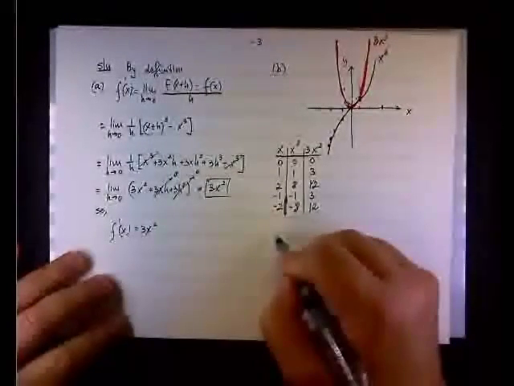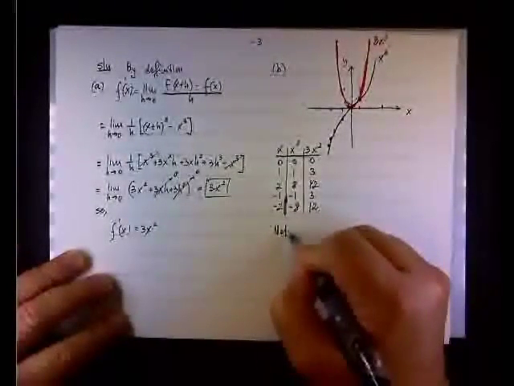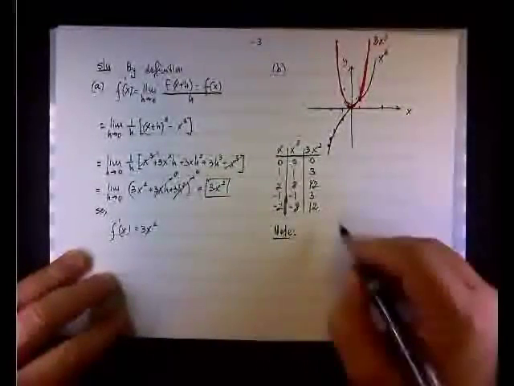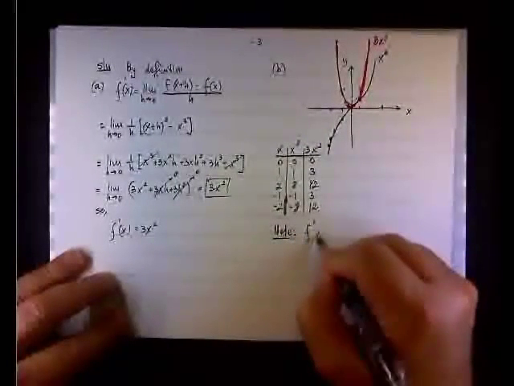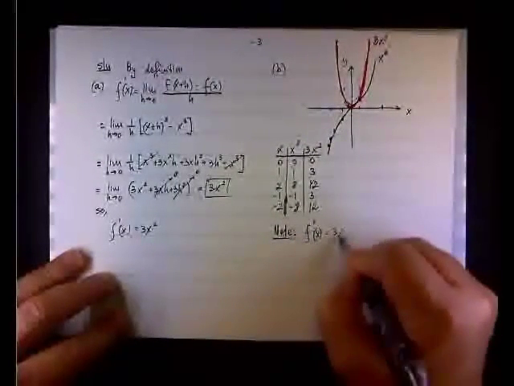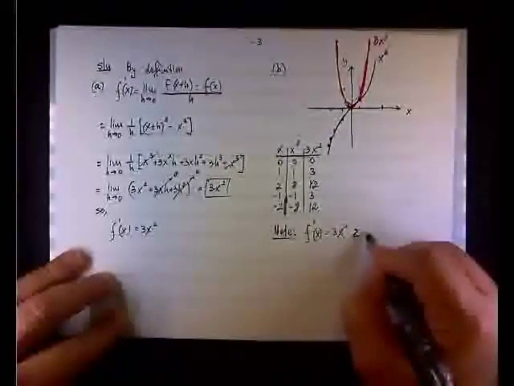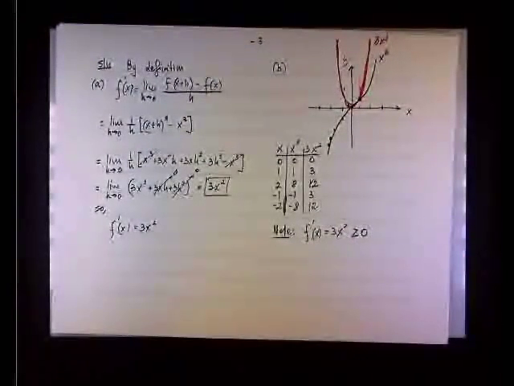Okay, so note, and this is what I need you to take from this exercise. Note, f prime of x equals 3x squared is either 0 or positive.